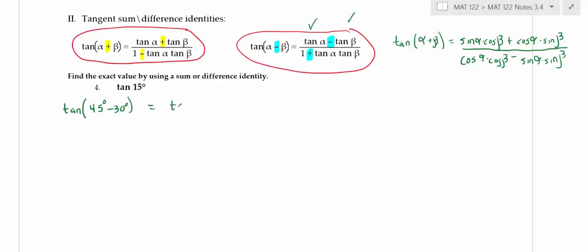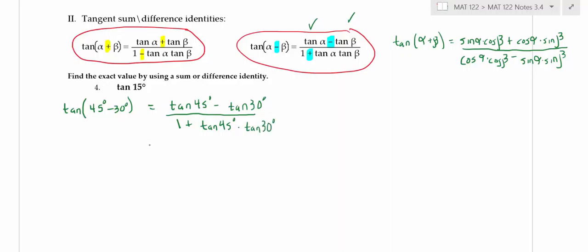So we're going to do tangent of 45 degrees minus the tangent of 30 degrees. Of course, this is just unit circle stuff again, all over. And then we do 1 plus, like the identity says, the product of the tangent of 45 degrees times the tangent of 30 degrees, like that.